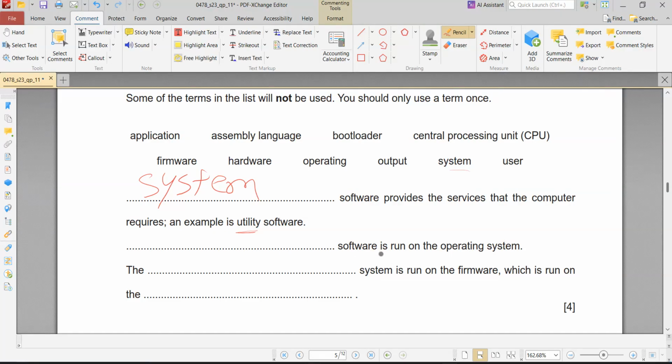Next it says software is run on the operating system. Of course, it is application software that runs on the operating system, so I am going to write application.